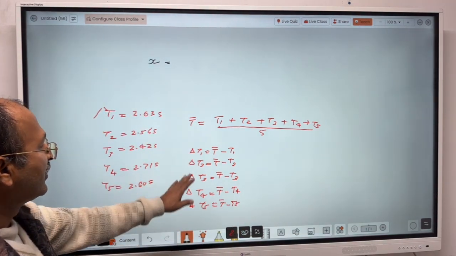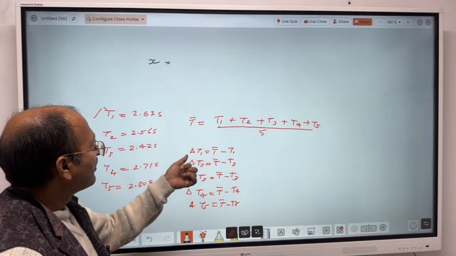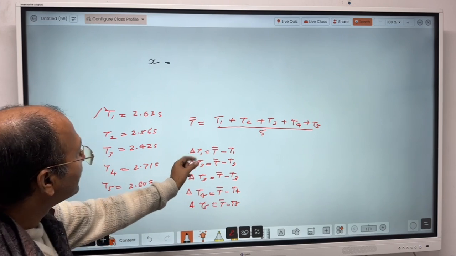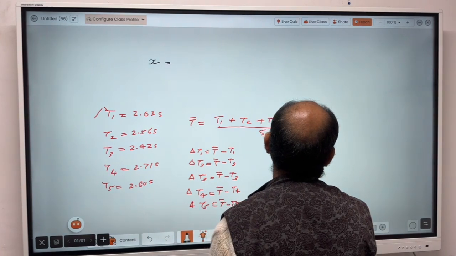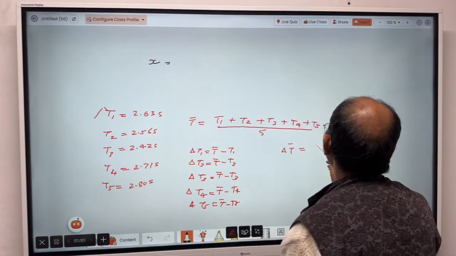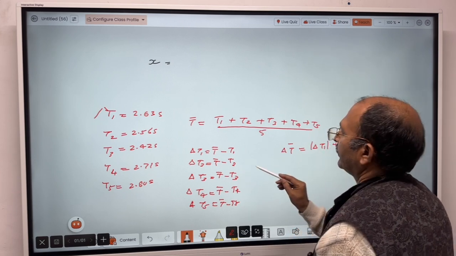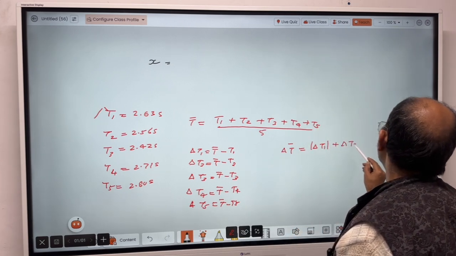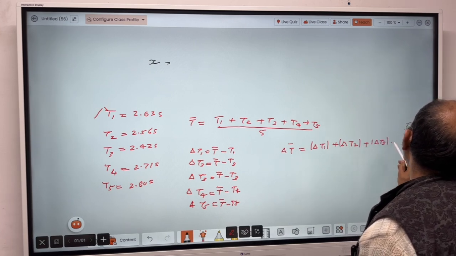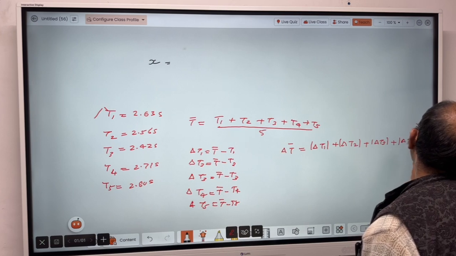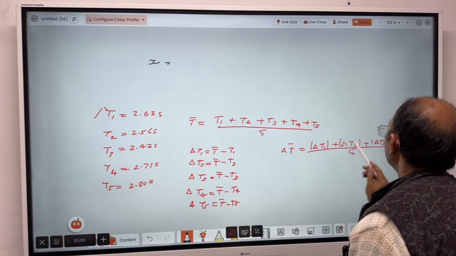Here some values will be positive and some values will be negative, but as I told you, for taking the average we have to take the absolute values of these values, so we can easily find delta T bar. For this purpose we will take delta T1 absolute, similarly delta T2 plus delta T3 plus delta T4 plus delta T5, whole divided by 5.